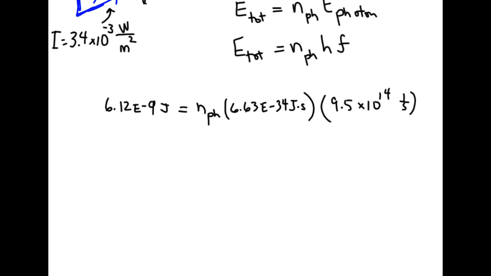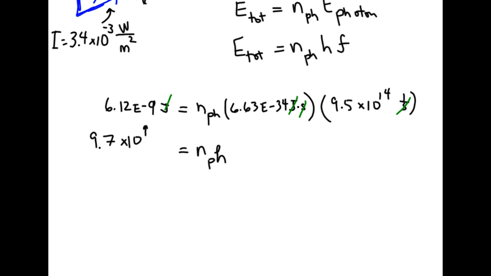And of course, a hertz is 1 over a second. So the second here cancels with this 1 over a second. They become 1. The joules on the right cancel with the joules on the left. And we calculate as our number of photons, what do we get? It comes to 9.7 times 10 to the 9 photons.